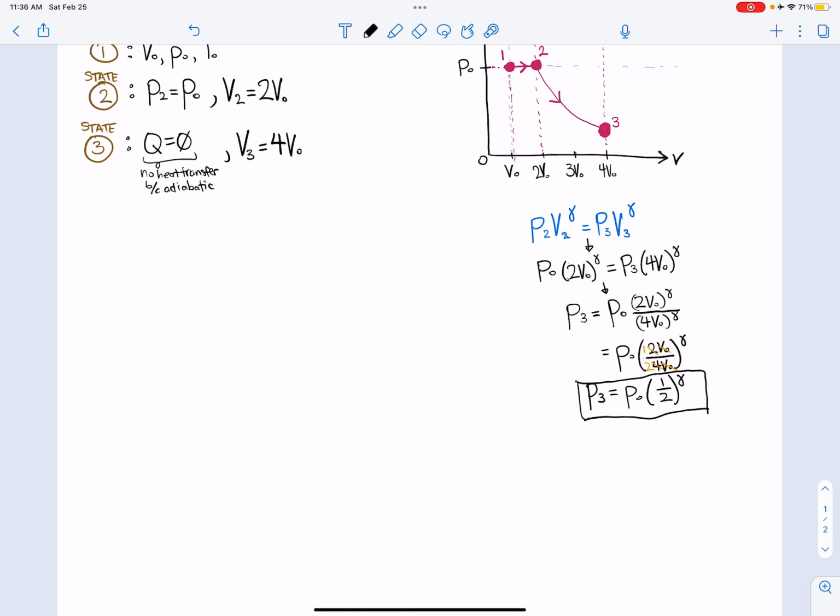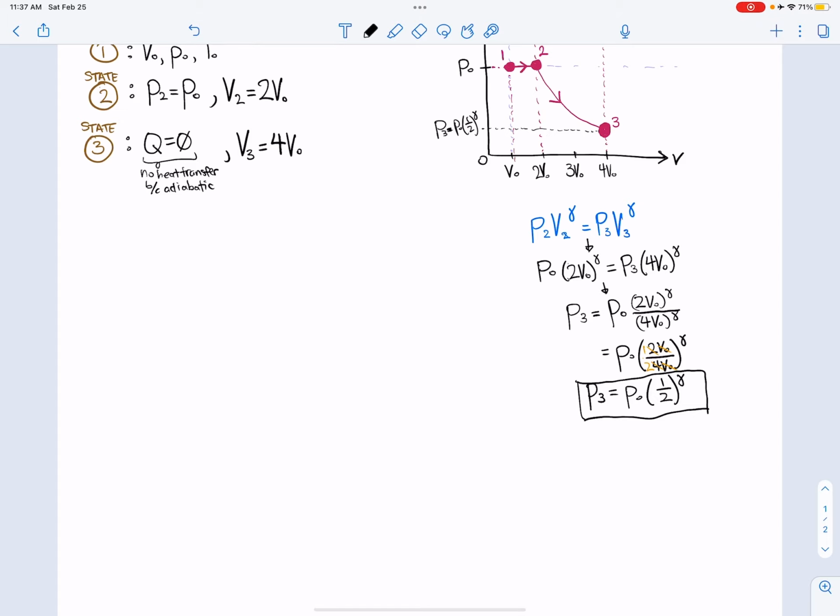But anyways, now I can write down my pressure at P3. This is P3 equals P naught times 1/2 to the power of gamma, okay?